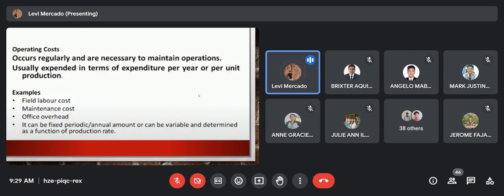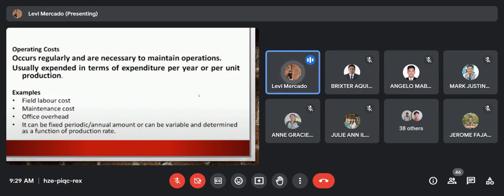Ano pa? Yung maintenance cost na ginagamit nyo para i-maintain yung good working efficiency ng inyong mga machines, fall under maintenance cost. So, hindi magiging stable ang run kung pasira-sira ang inyong mga machine, motor, pump.